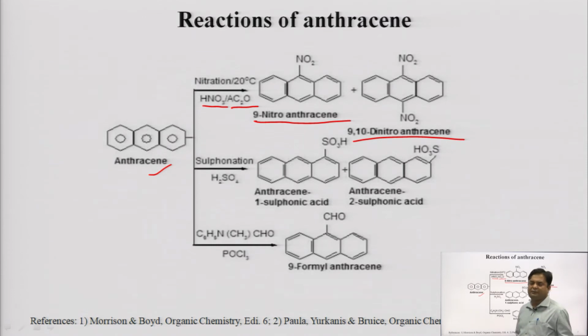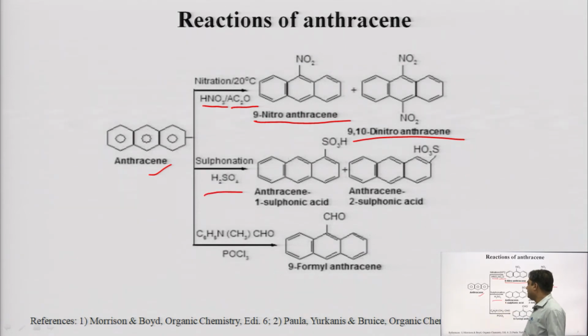In the starting of the reaction we get 9 nitroanthracene, but if we use HNO3 and acetic anhydride in excess, we also get 9,10 dinitroanthracene. Or if we run the reaction for a long time, we again get a mixture of products, mononitroanthracene or dinitroanthracene.